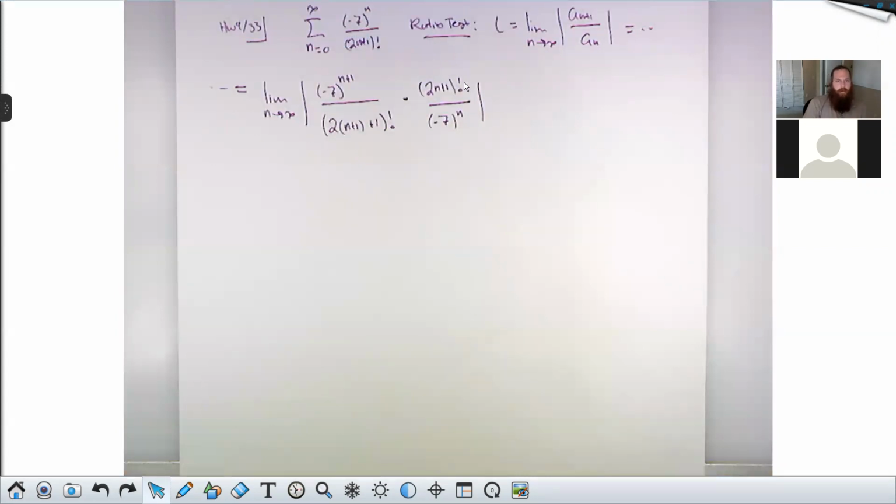Just like we did in the last problem, I'm going to shuffle these around and put the like terms together. So I'll put this with this, and this with this. Downstairs here, 2n+1 is 2n+2+1 is (2n+3) factorial.